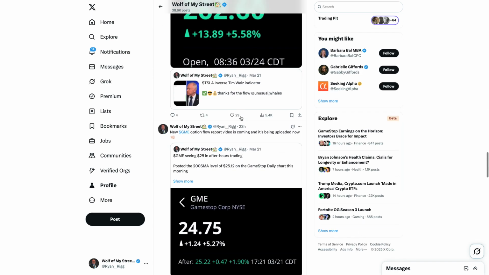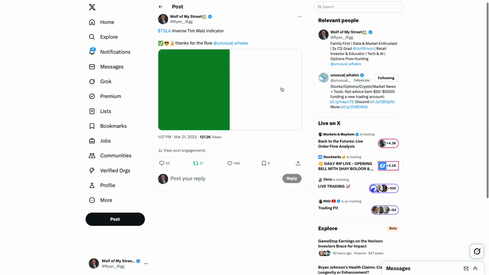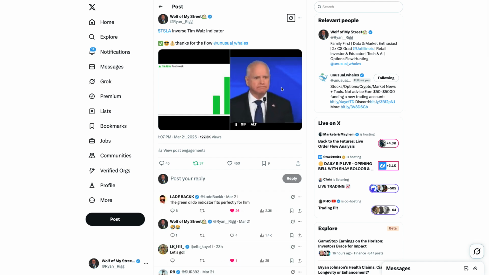Let's go back to that Tim Walz indicator because we've been banking on Tesla. We were banking on it last year. We were banking on it with the Robotaxi event on that drop down, which gave us a huge opportunity. We banked on it through the election. That was our election proxy trade. All of this was posted on X for free. All the trade ideas were given either on X for free or to subscribers on X. And everybody made some coin.